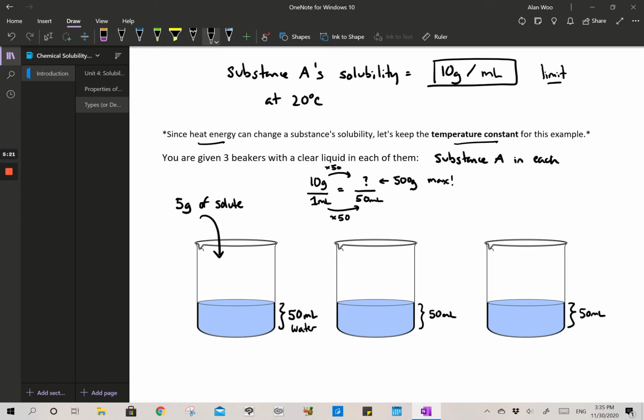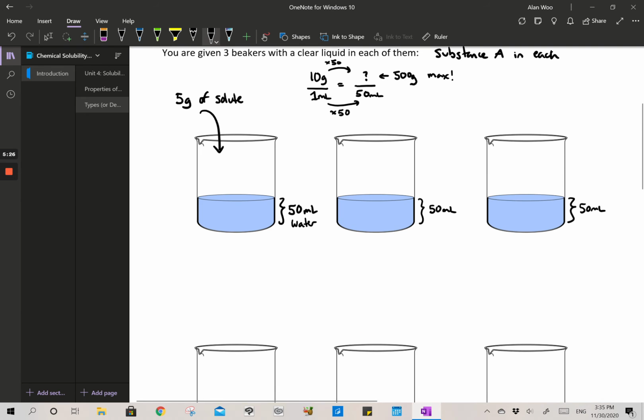So if we put in 5 grams, this is what's going to end up happening. Let's say that this is 5 grams of solute. All that solute will dissolve.